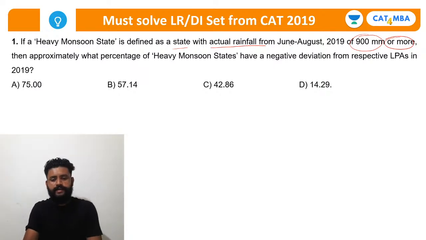So first thing, Nicole, understand what we need to find. Heavy monsoon state: 900 mm या 900 से ज्यादा रेनफॉल जो हुआ है वो है हेवी मानसून.